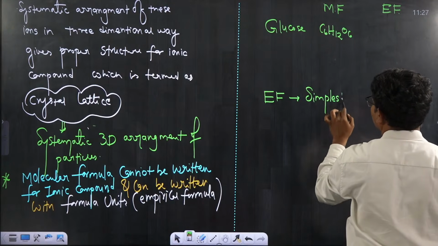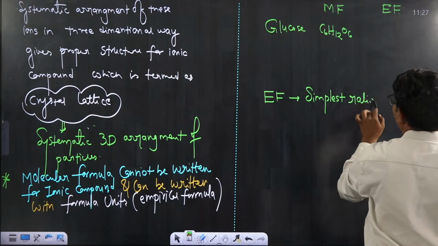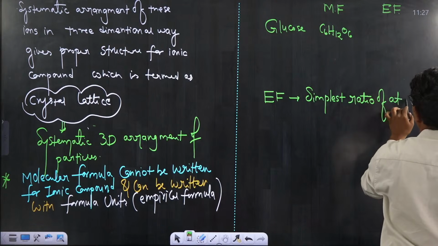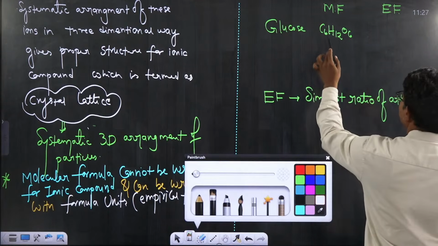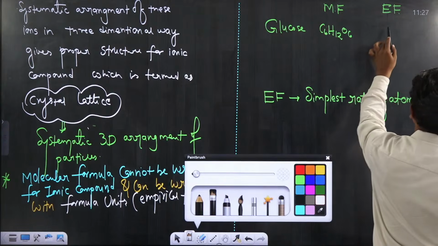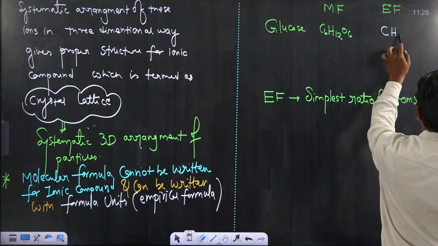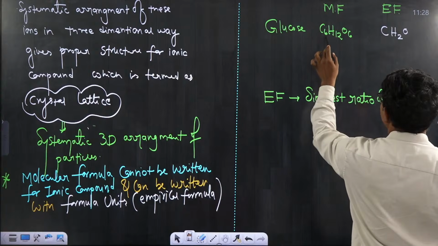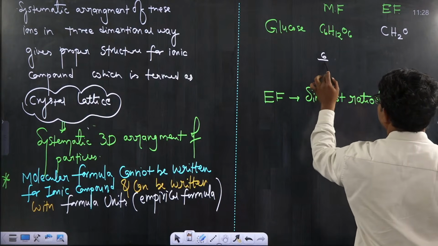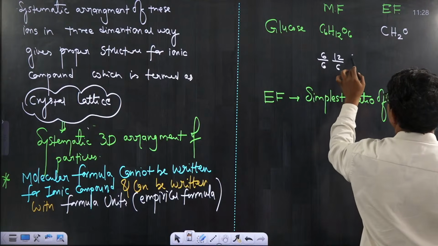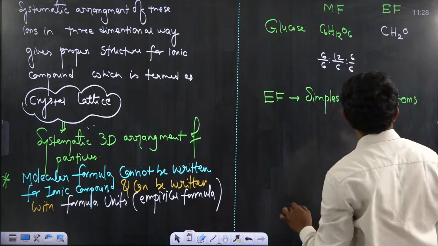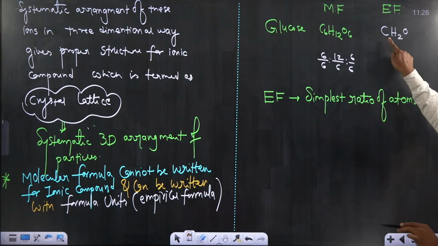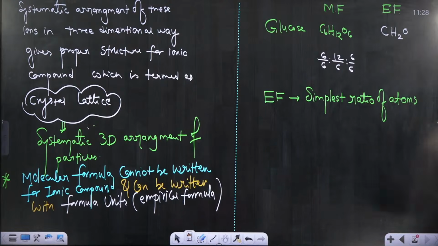So if I am taking the simplest ratio for this compound, what do we get? CH2O. I need to divide this by 6. Okay. 6 by 6, 12 by 6 and 6 by 6. If I am taking the ratio, you will be getting 1:2:1. Means carbon 1 atom must be present, and 2 hydrogen atoms and 1 oxygen atom. I hope this point is clear.